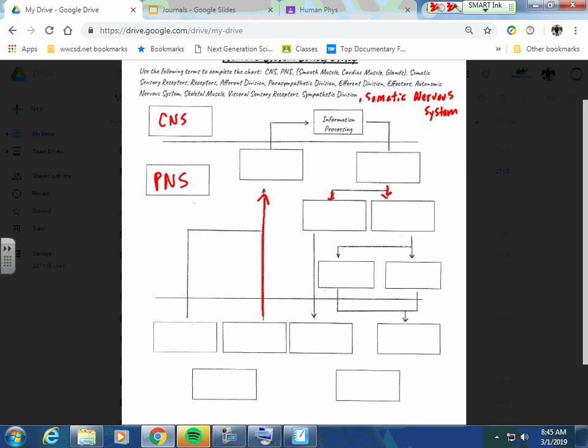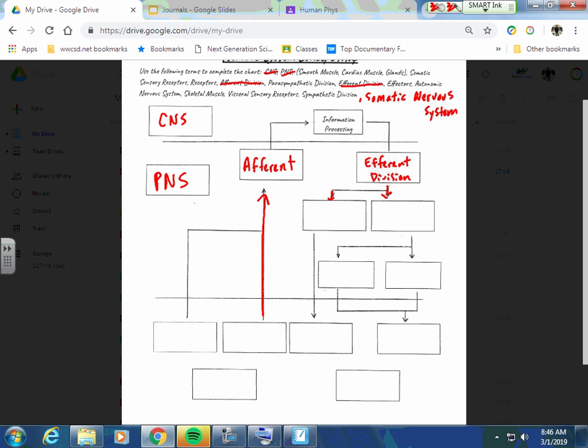So the pathway going in here is going to be the afferent pathway, or afferent division according to the possible answer there. So we have central nervous system done, peripheral nervous system, we've got afferent division. And then the pathway going out is going to be the efferent division. So we can cross that out.